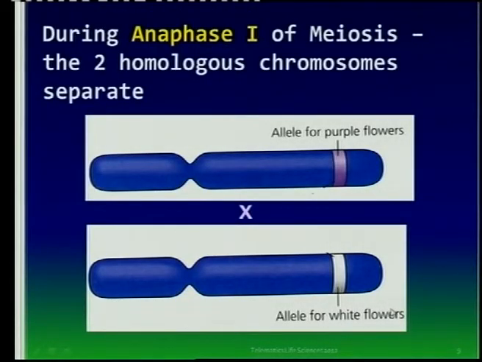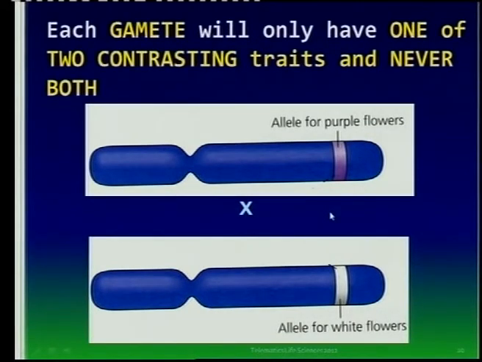Also, it's very important that you know what is meant by Mendel's law of segregation. During a certain phase in meiosis, the homologous pair, which is also referred to as the homologs or bivalents, separate. In this instance, you see we have a heterozygous organism, two different forms of the gene, two different alleles, and during meiosis they separate, which means that each gamete will have one of the two corresponding alleles and never both.